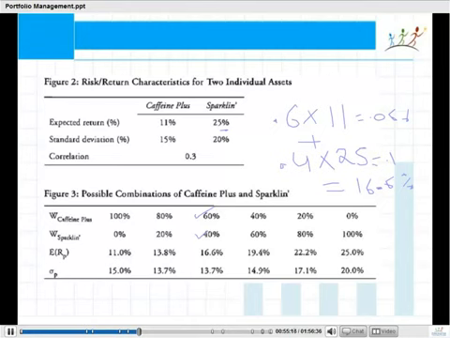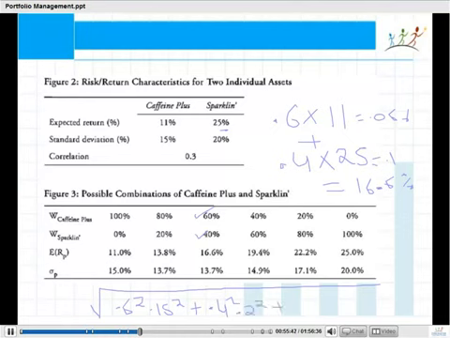Compute the expected risk of the portfolio. Expected risk from the formula that we studied earlier will be given as W1 square sigma 1 square plus W2 square, 40% is the weight of the second asset, sigma 2 square plus 2 W1 W2 correlation into sigma 1 sigma 2.